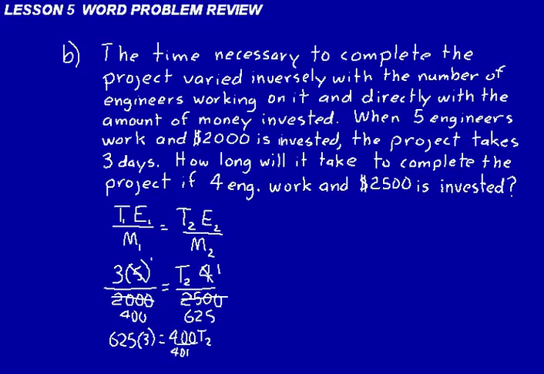Actually, we didn't need to divide both sides by 400; we could have just left that alone. And now we just simplify that. And we can just say T2 will round to one decimal place, 4.7 days.